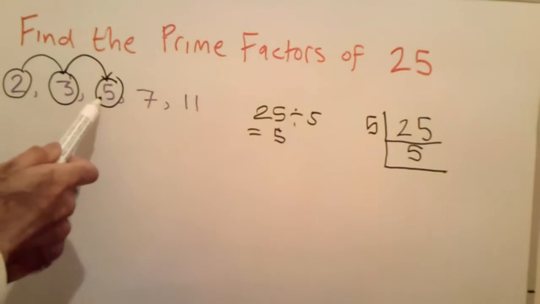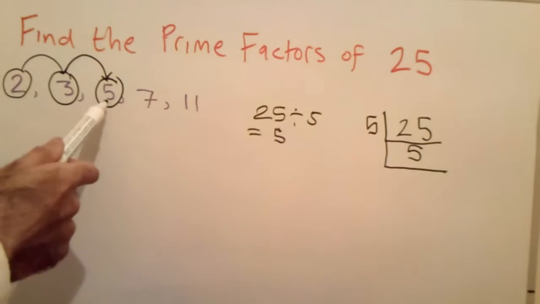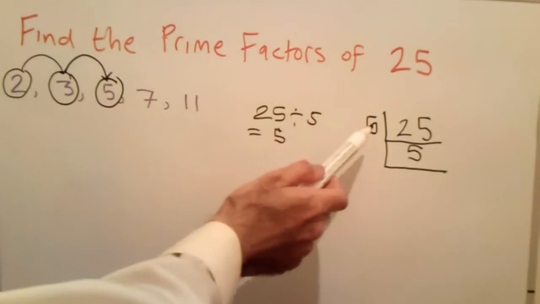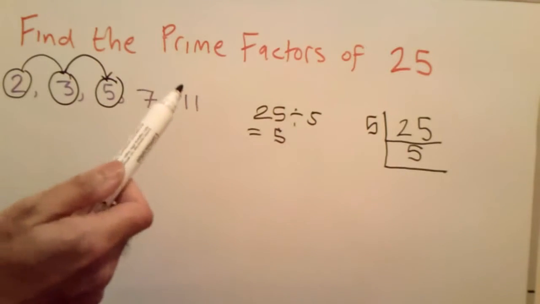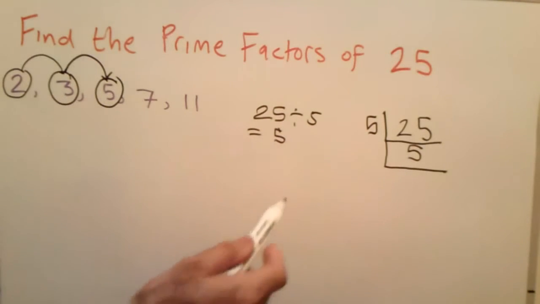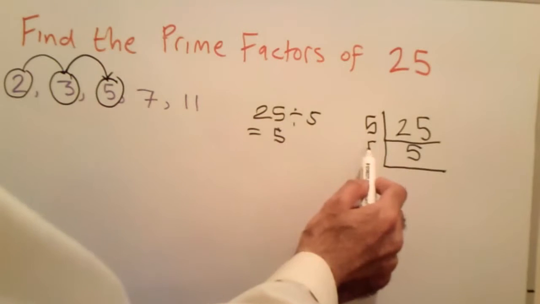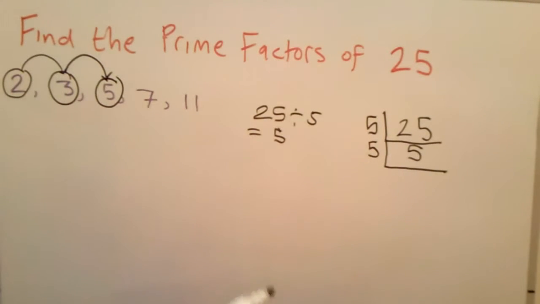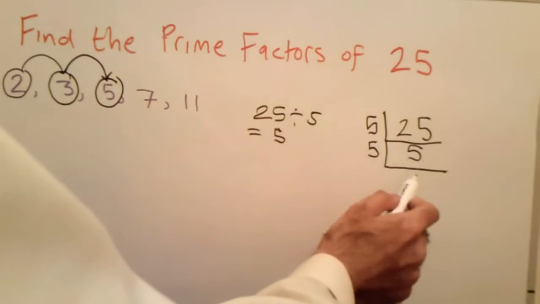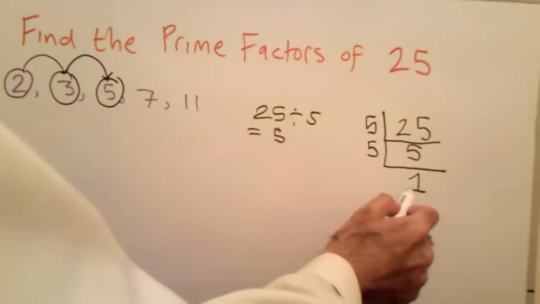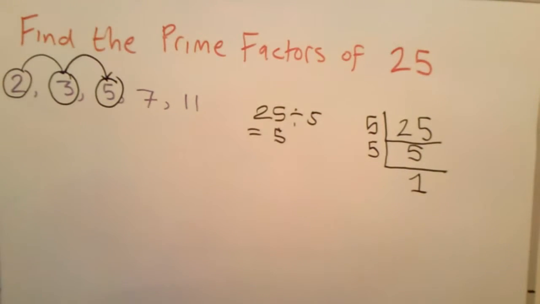Sticking with my current prime number, does 5 divide into 5 to give us a whole number? Yes. So 5 divided by 5 is 1. So we write down 1 there. When we get 1, that means we're finished.